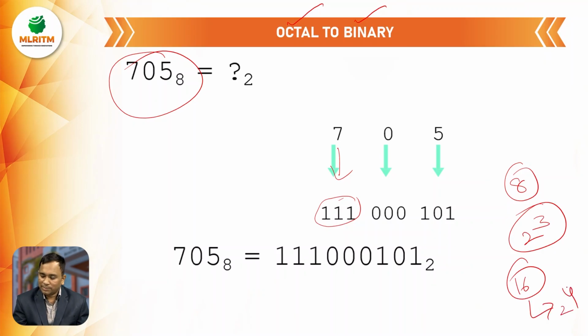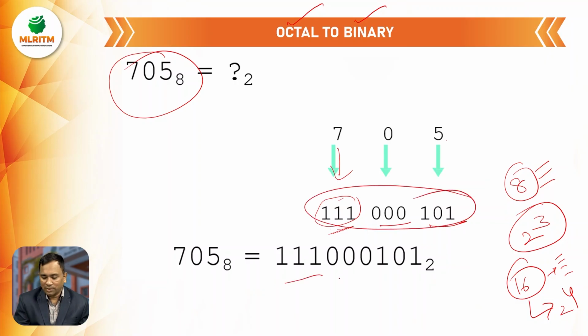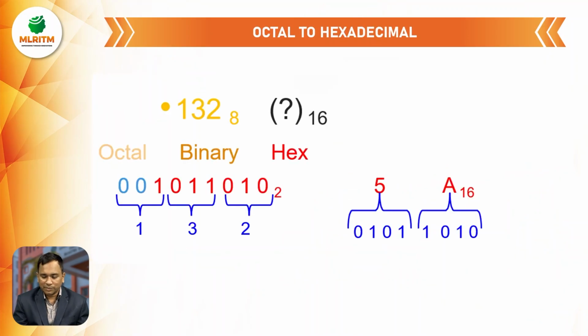So in hexadecimal each digit is converted into 4 bits, but in octal each digit is converted into 3 bits. So 7 is written as 111, 0 as 000, 5 as 101. After mixing all these numbers, 111 000 101. This is what I'm calling octal to binary conversion.